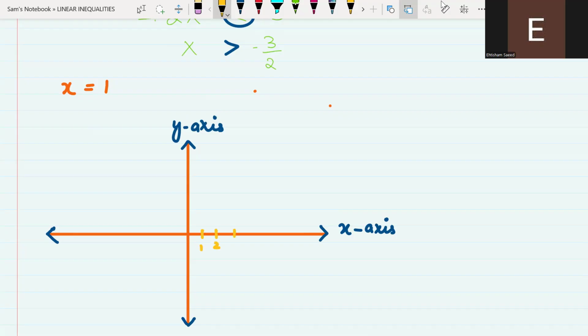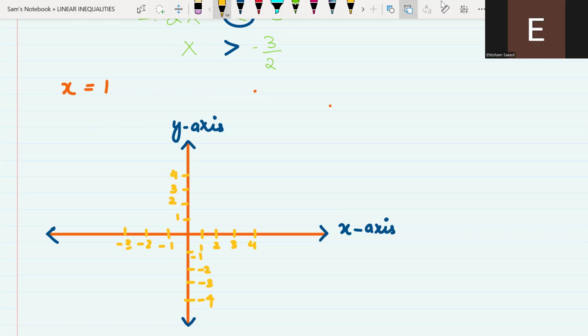And on this side, it will be minus 1, minus 2, minus 3, and so on. The y-axis will be positive plus 1, plus 2, plus 3, plus 4. And on this side, it will be minus 1, minus 2, minus 3, minus 4, and so on. Right?